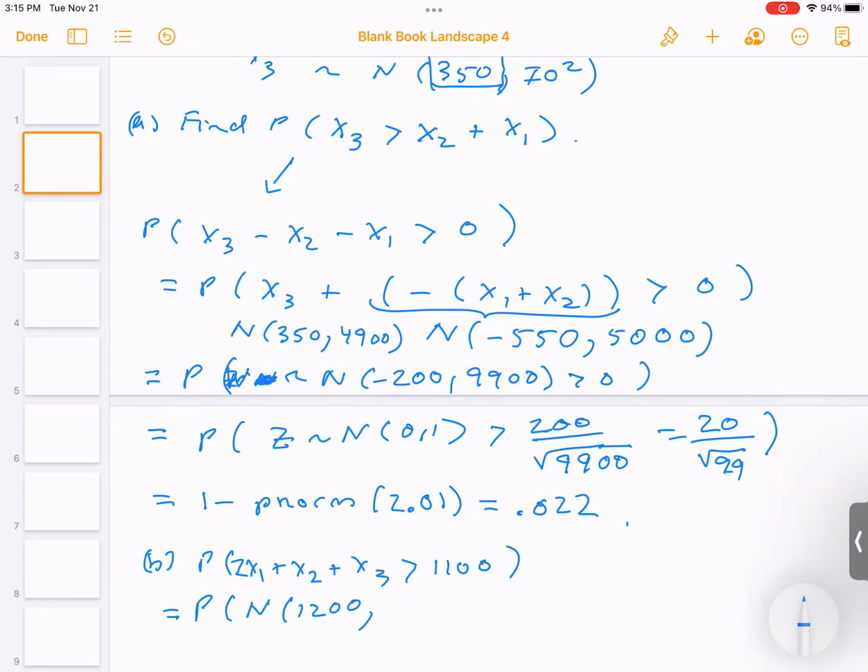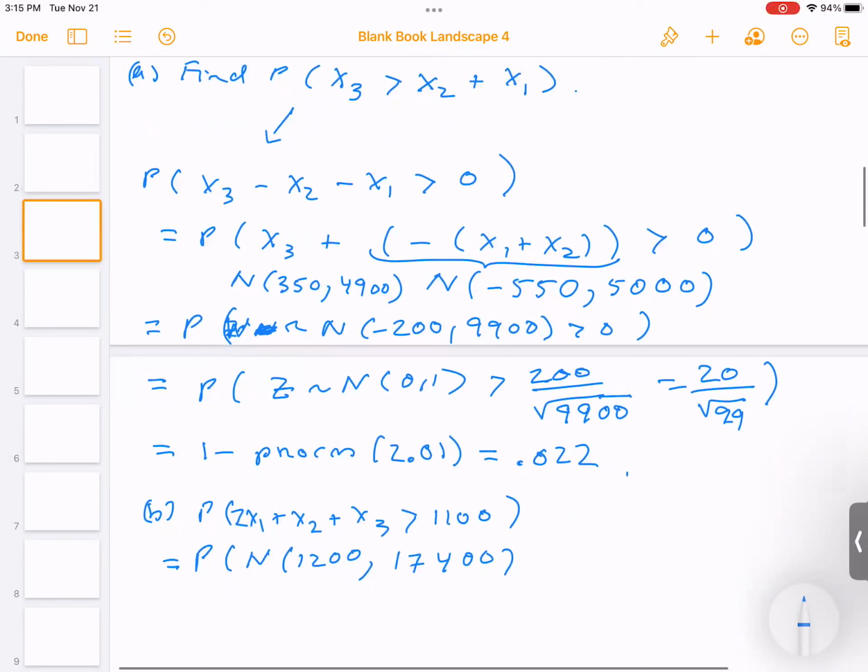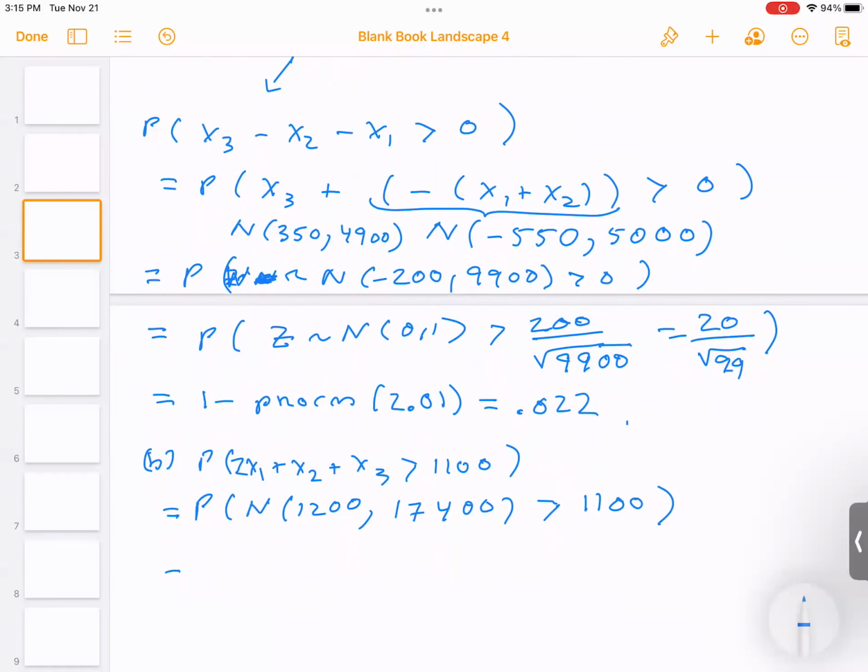20, so 69, 74. So 17,400 is the new variance. So I want the probability this is greater than 1,100. So make it standard normal.